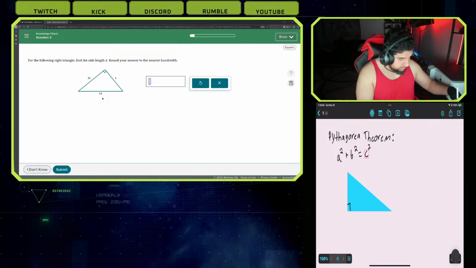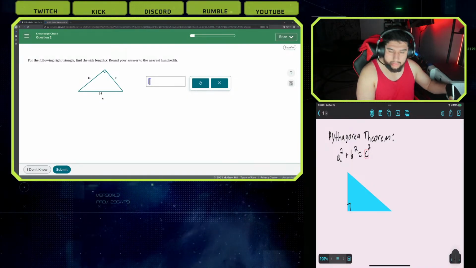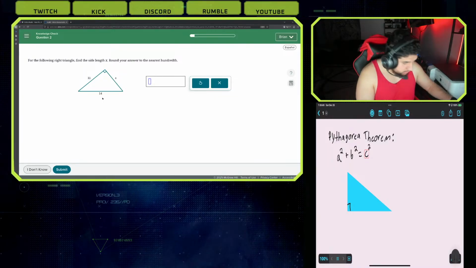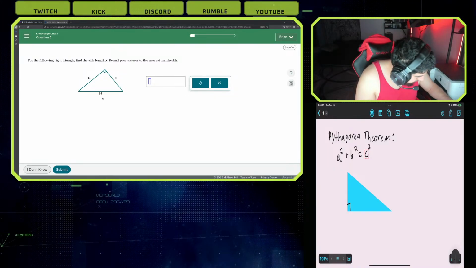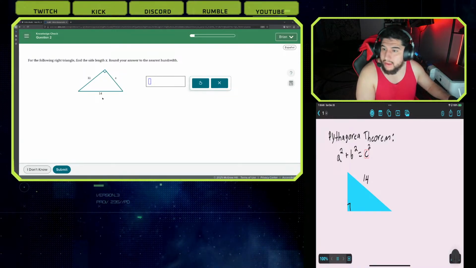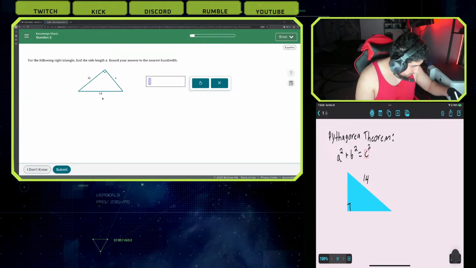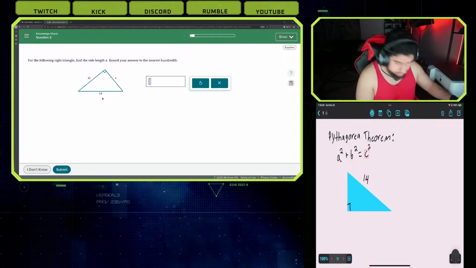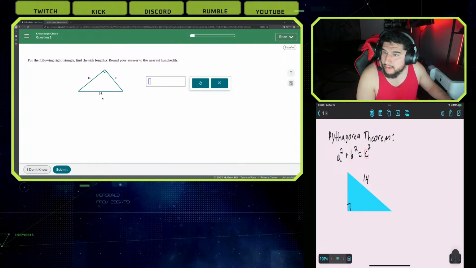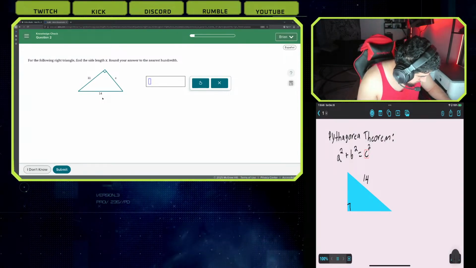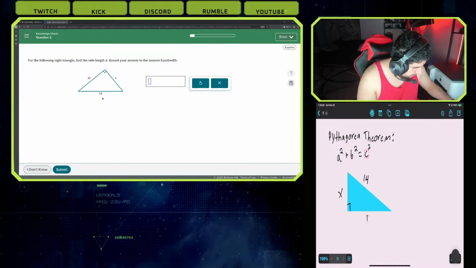So I'm just gonna put the right angle down there. Then I'm gonna put on the opposite side 14. And then the smaller one is x. Let's put the x and 11.